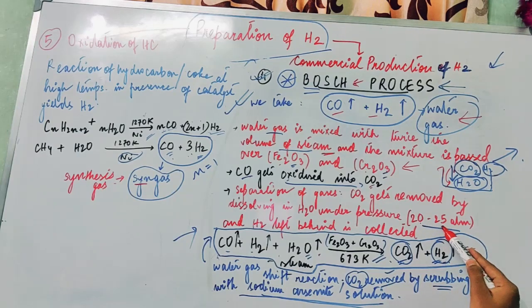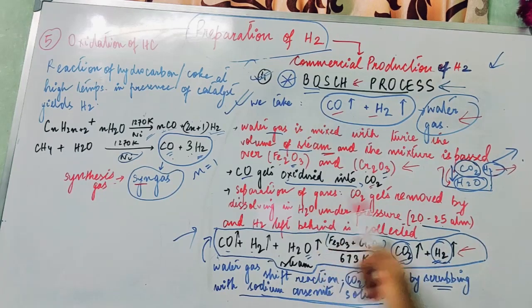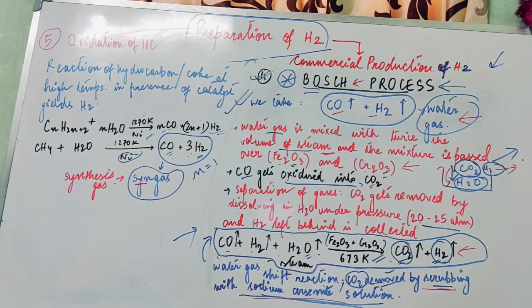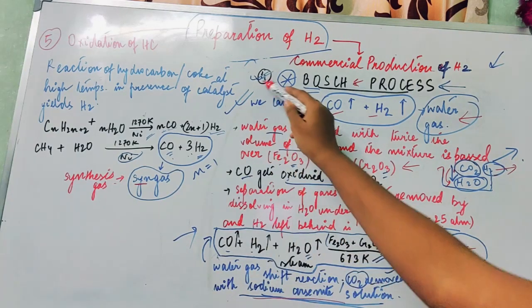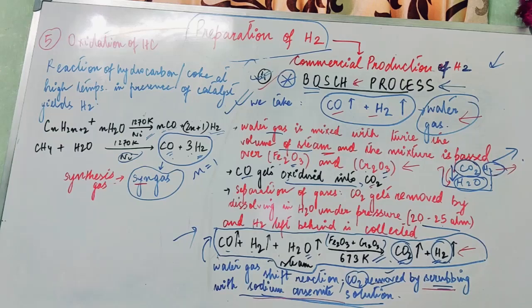So at 20 to 25 atmospheres, carbon dioxide gets dissolved in water and H2 is separated and collected. Another method is that CO2 is removed by scrubbing with sodium arsenite solution. So this is the Bosch process, which is a very important method of production of dihydrogen.